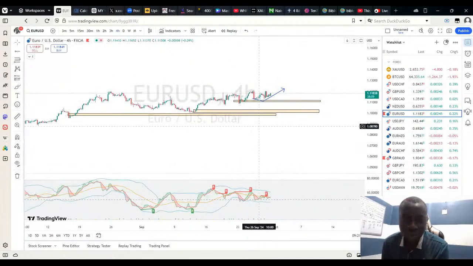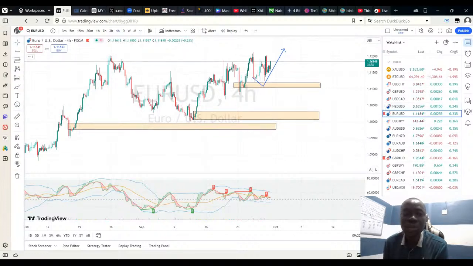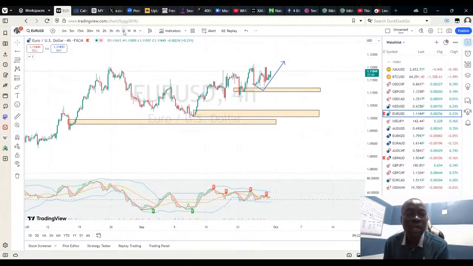The only thing I'm expecting is that they come back and test the price of 1.1130. If they can come back to that region, test it and continue to go bullish, that is what I'm still going to be expecting on Euro USD. So far, so good. That is my decision.